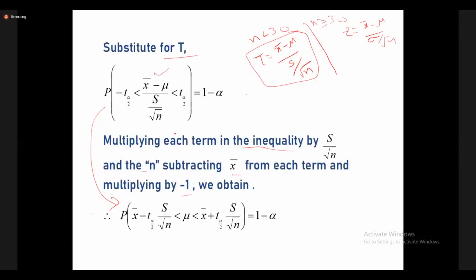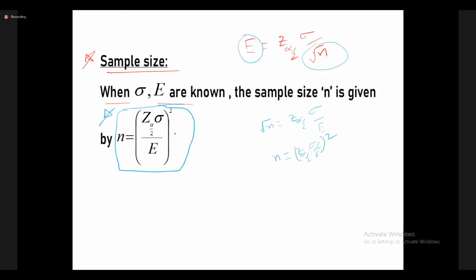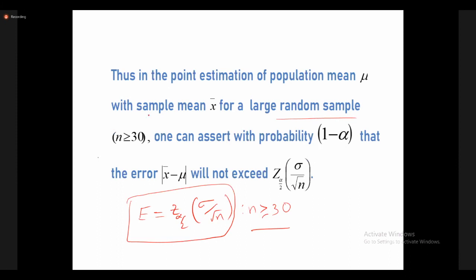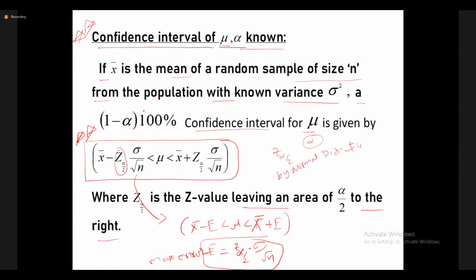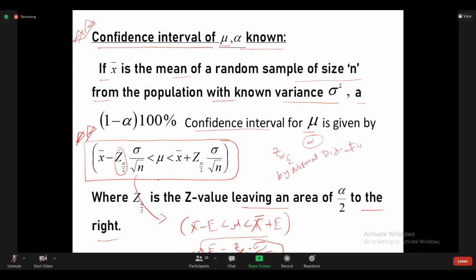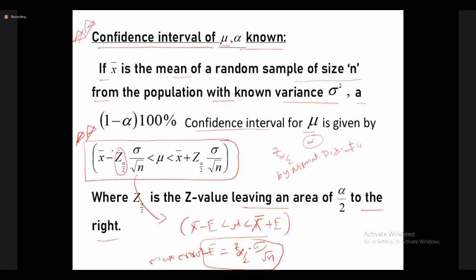Once all of you see these formulas, because the formulas are important, the problems depend on formulas only. We have a total of 6 formulas. This is for large samples. For large samples, the confidence interval formula is x bar minus z alpha by 2 into sigma by root n less than mu less than x bar plus z alpha by 2 into sigma by root n.